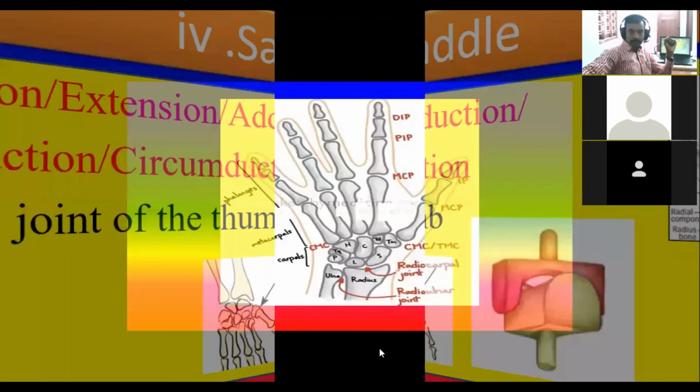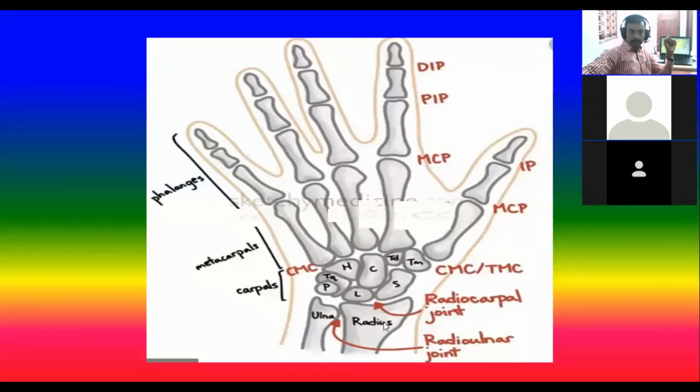Here is detail about these bones: CMC, TMC, MCP, metacarpophalangeal, MCP means. Ulna, radius, each type.